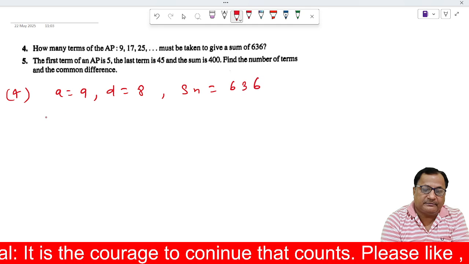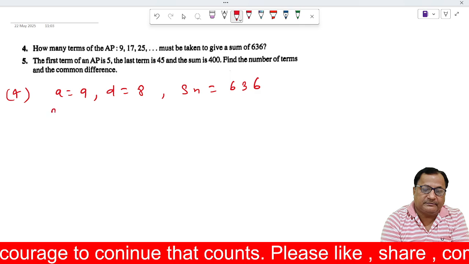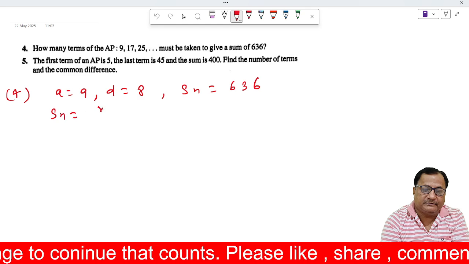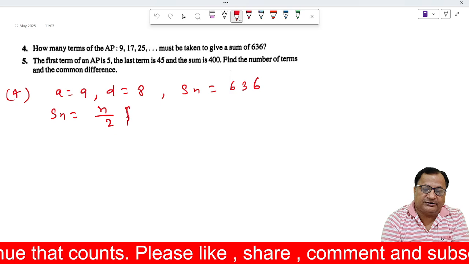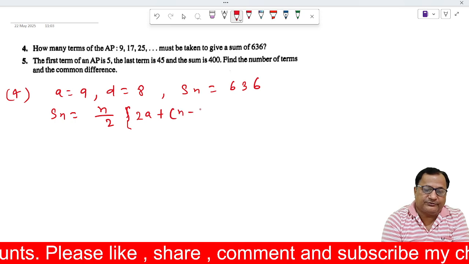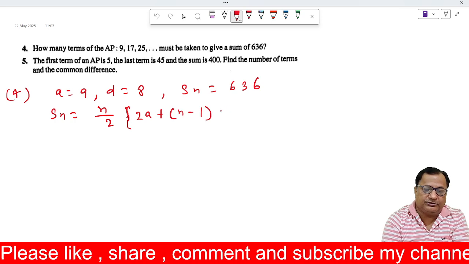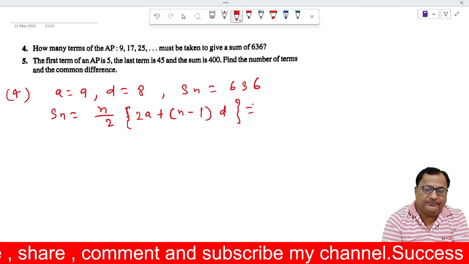So we will use the formula: Sn is equal to n by 2 into 2a plus n minus 1 into d. Using this formula, we will put the values.